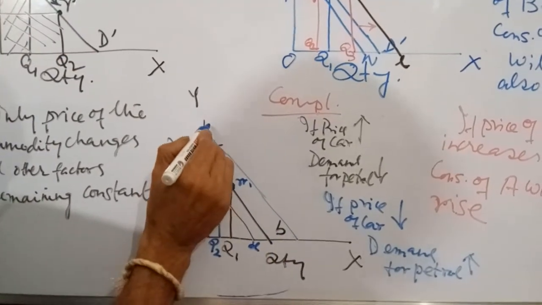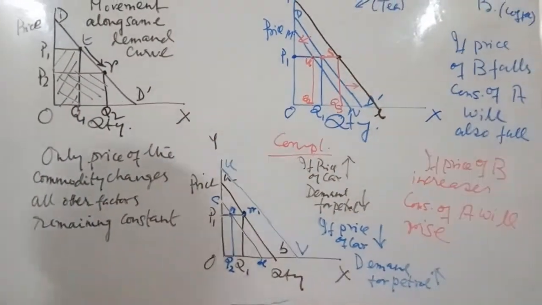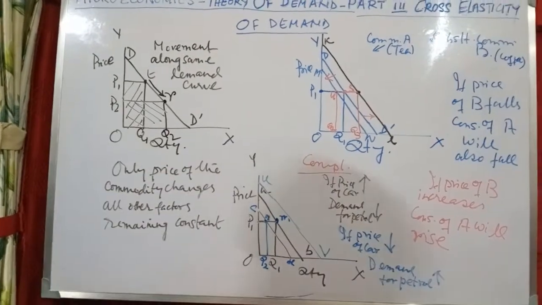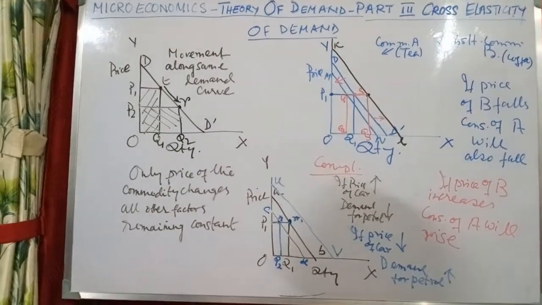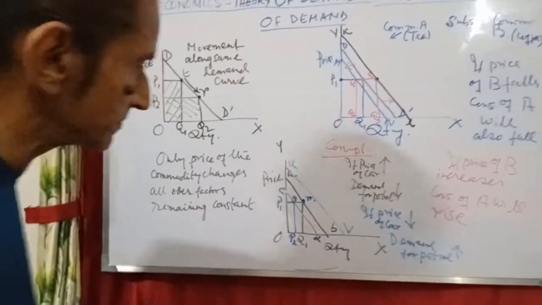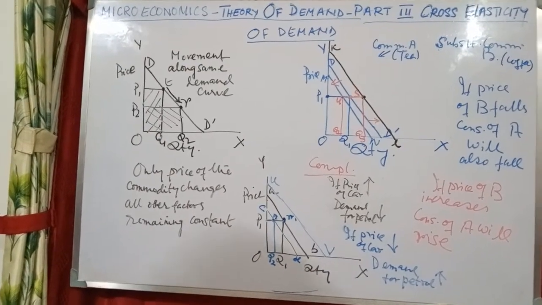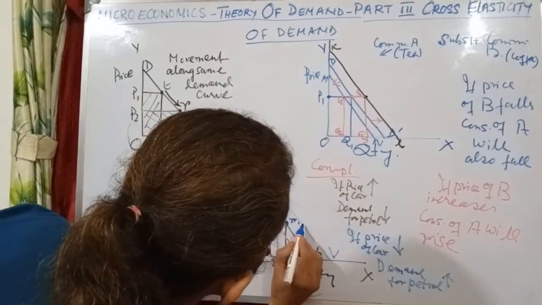Say this is UV. Lines are not drawn up to scales. No diagram is drawn up to scale, and I am not using scales, so consider these lines are parallel. So UV is the new demand curve, and the consumer is, say, at this point.